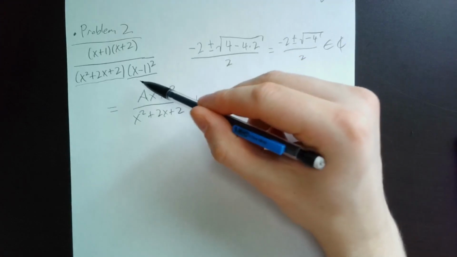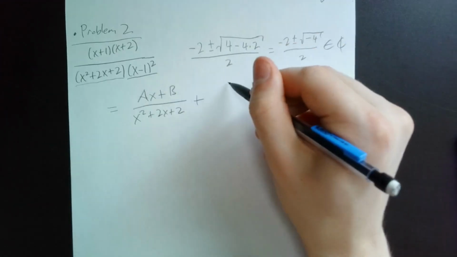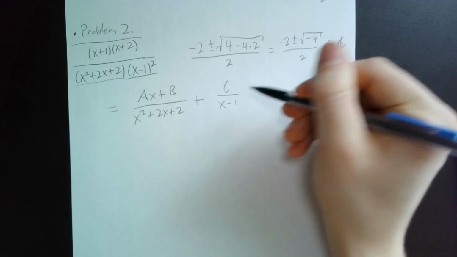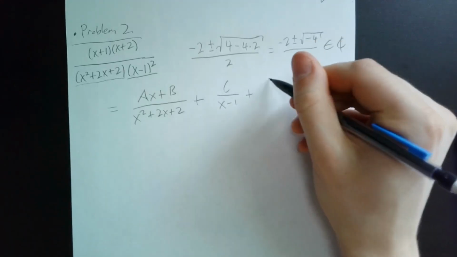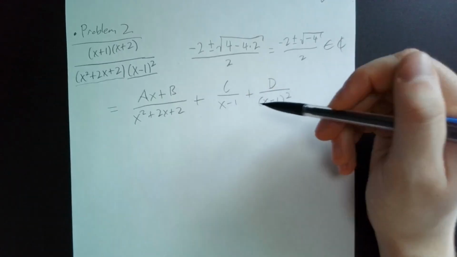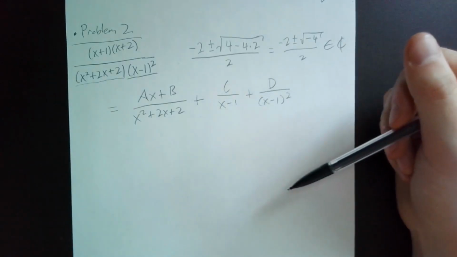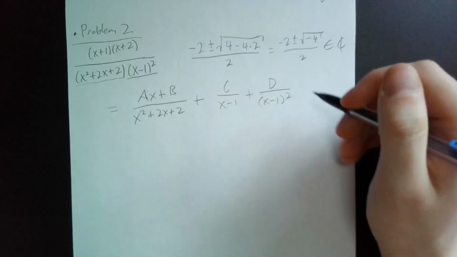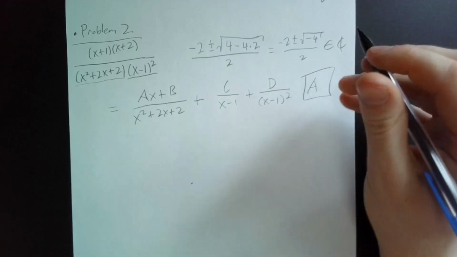And since it's just a binomial in the squared, I just put a constant. So that's my first term. And then my second term is this. So I'm building up here. That's what we call building up the roots. And that is my answer, and that would be answer choice A.